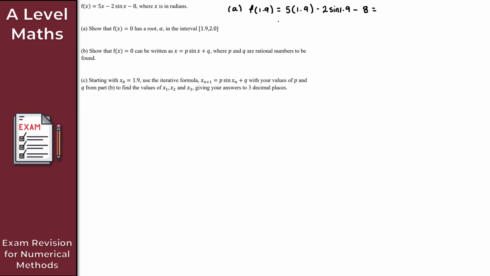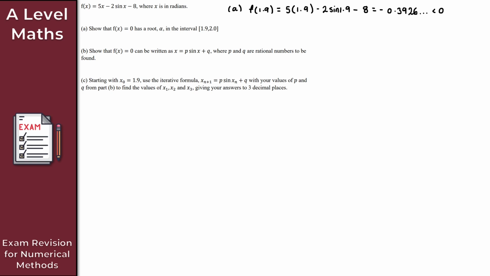And all we need to do is just put this into our calculator. If we do this correctly, what we should find is we get minus 0.3926, so on and so on. And we can clearly see that this is less than 0. So it's negative.